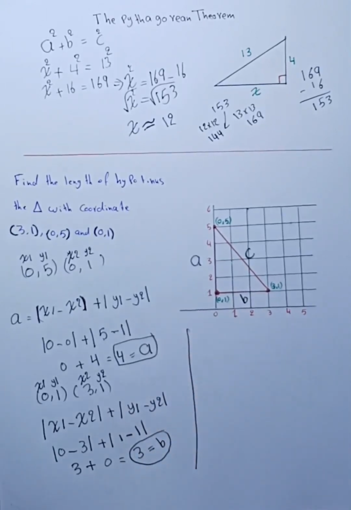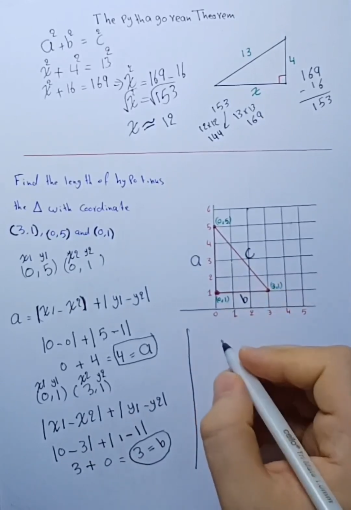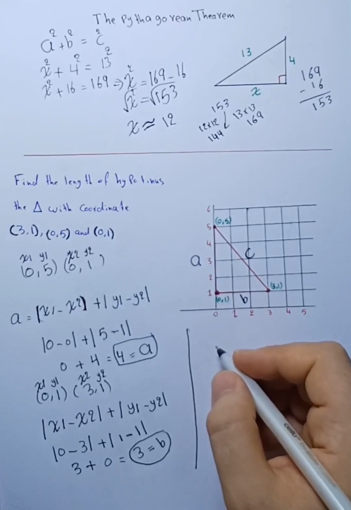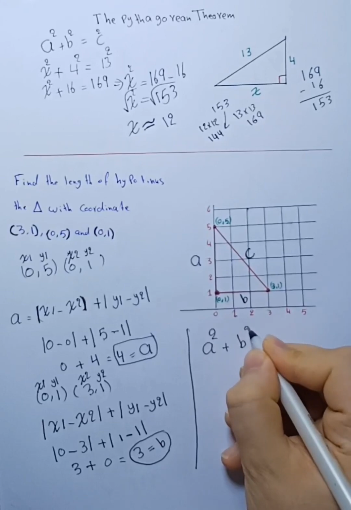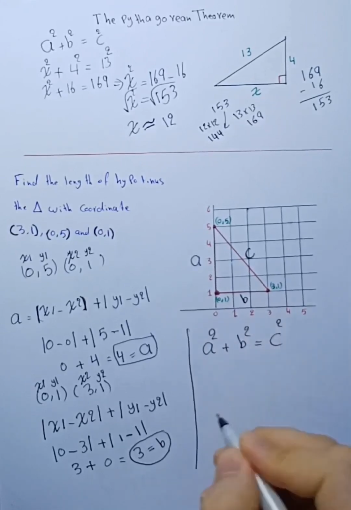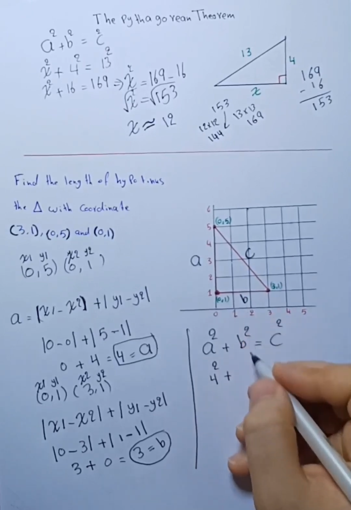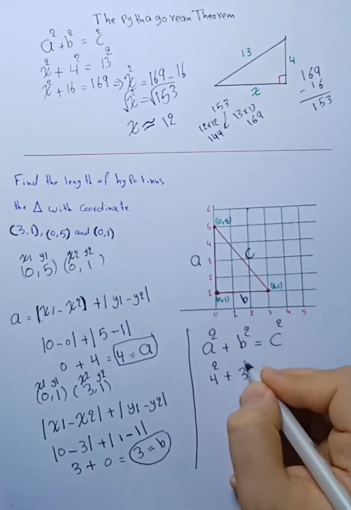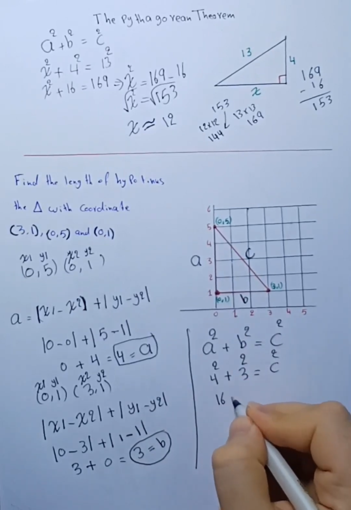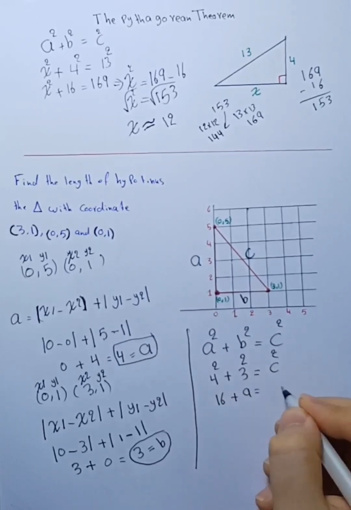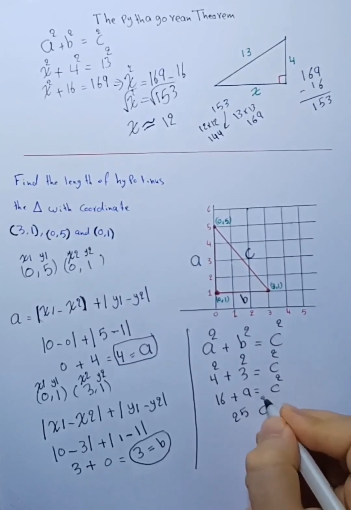The value for B, for this length, is 3. After that, we can find the length of the hypotenuse by using the Pythagorean theorem. A squared plus B squared equals C squared. A squared is 4 squared plus B squared is 3 squared equals C squared. 4 times 4 equals 16 plus 3 times 3 equals 9, equals C squared. 16 plus 9 equals 25.